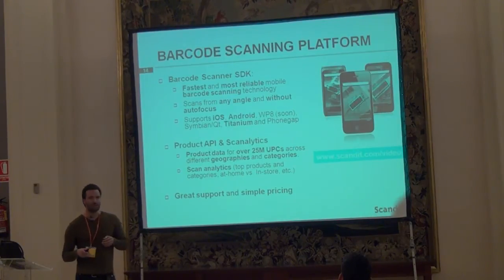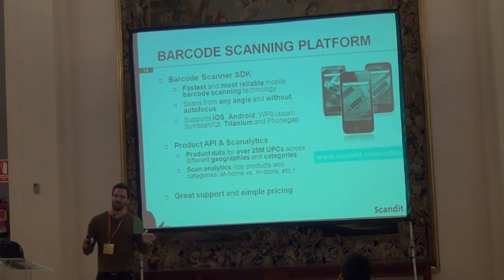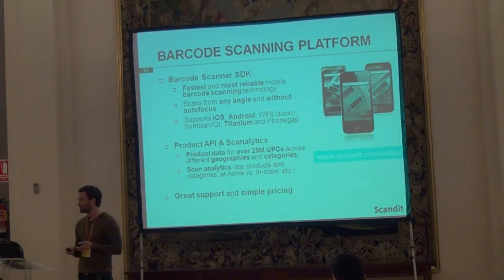What we also have, and what's also different to some of the other competing technologies out there, is that we combine that technology piece and the technology expertise with a set of associated services, such as our product API that gives developers access to, at least to our knowledge, the largest UPC-based products database available on the internet today, which allows you to access over 27 million UPC-based product data records.